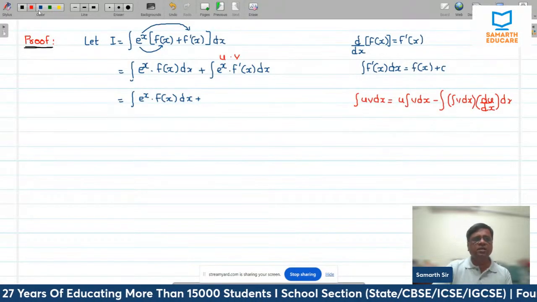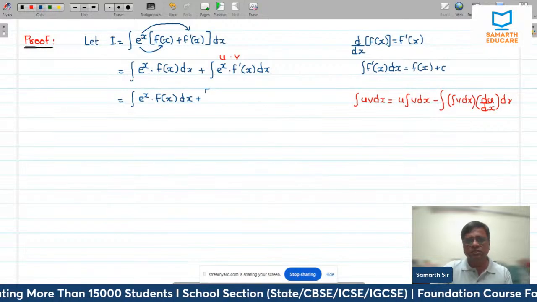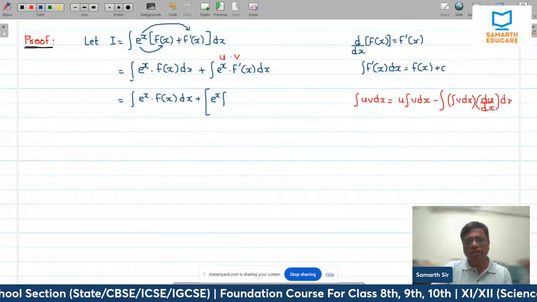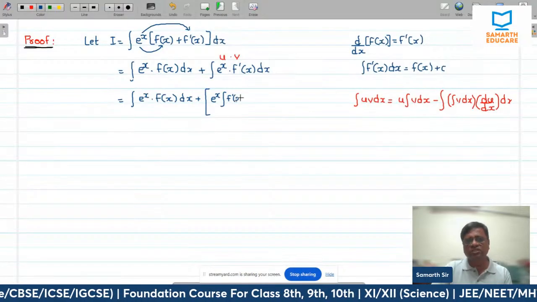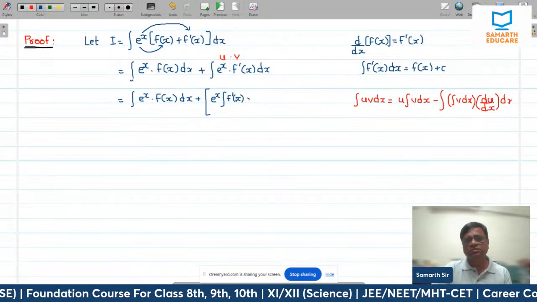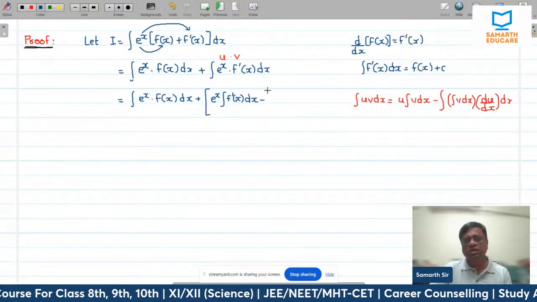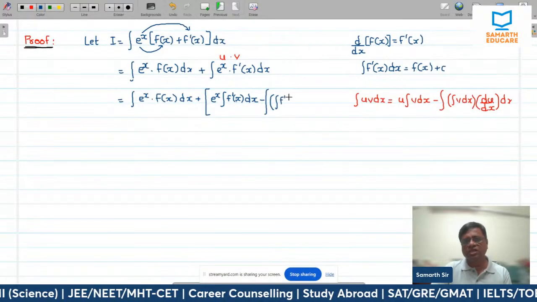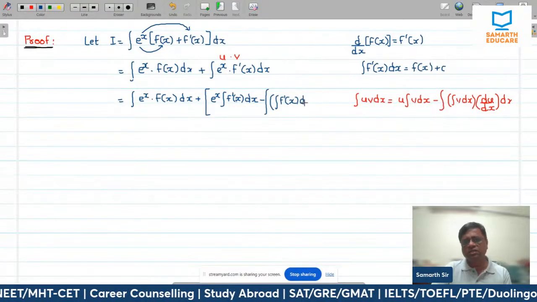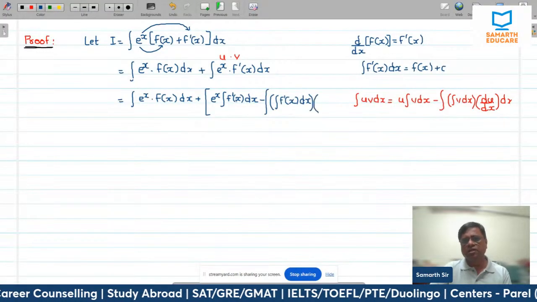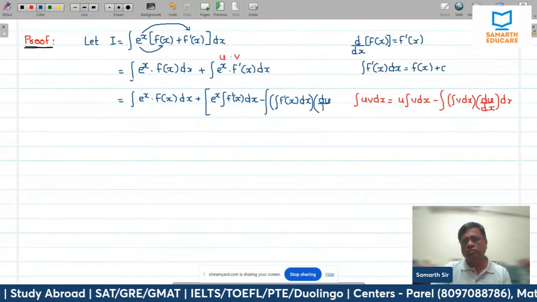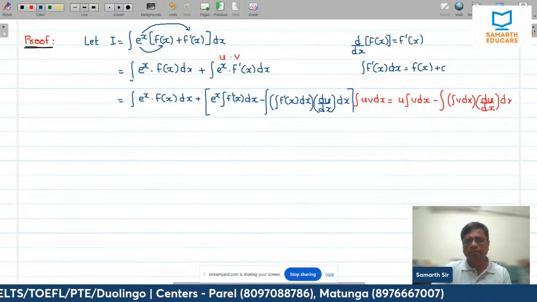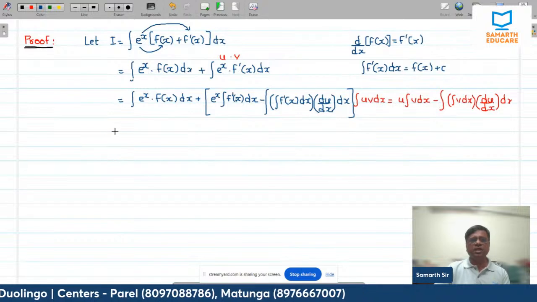So let me take this as, here it will come e raised to x integration of f dash of x dx minus integration of f dash x dx, derivative of u, dx. Here we have applied the formula.